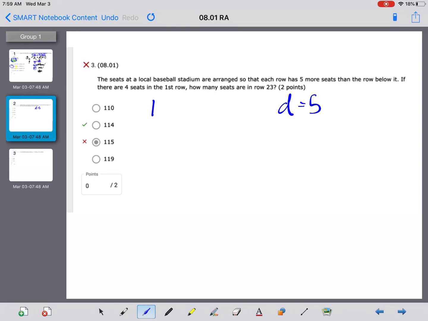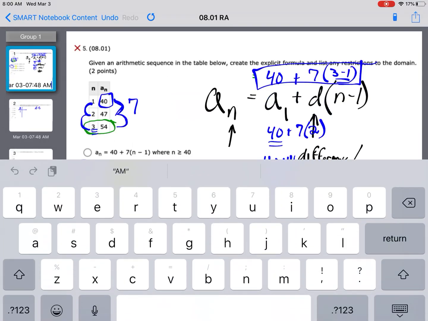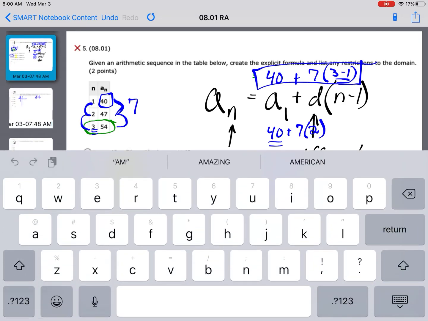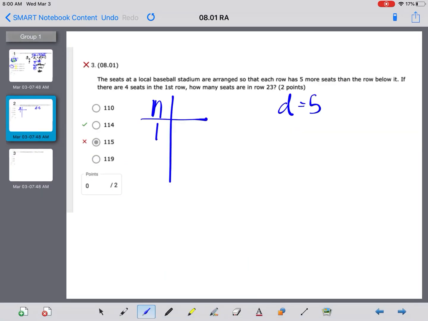If there are 4 seats in the first row, there are 4 seats in the first row. So our a sub n value there is 4.